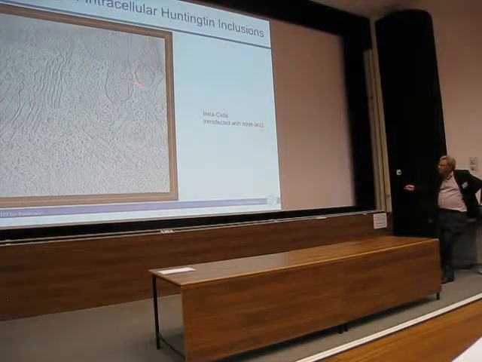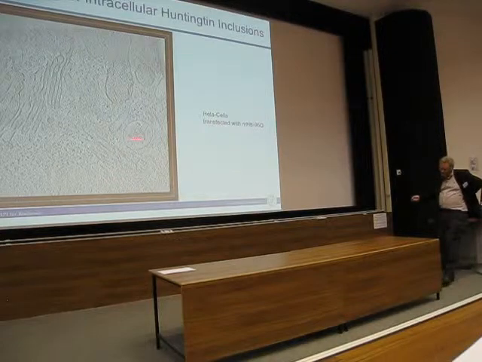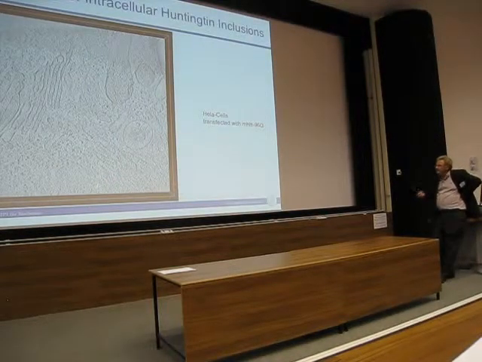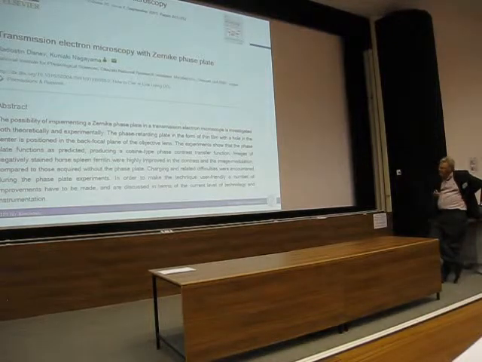But that all remains to be studied in detail. You see an unhealthy Golgi apparatus here. So we can study now these aggregates really in situ in a fully intact environment. Now, still, as I said, interpretation is not trivial because signal to noise and contrast is not so great.